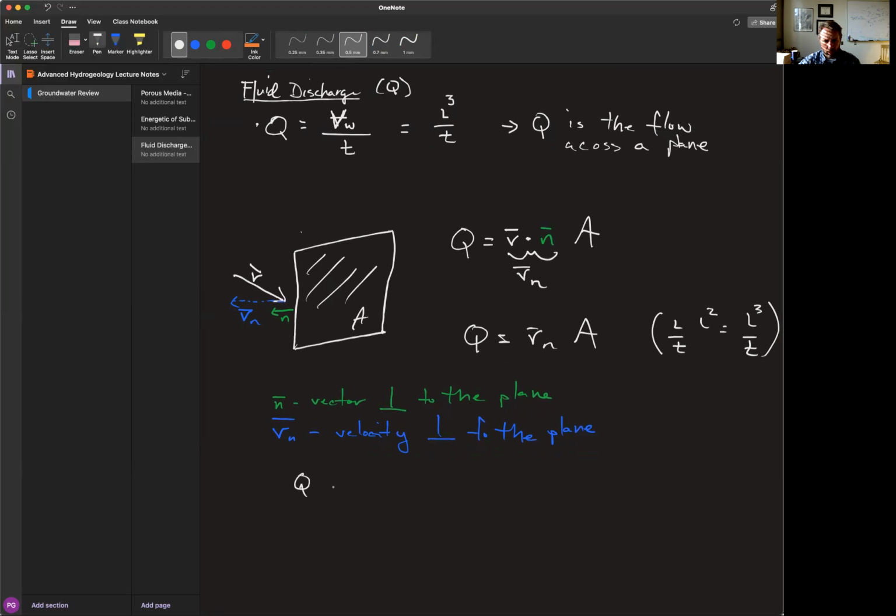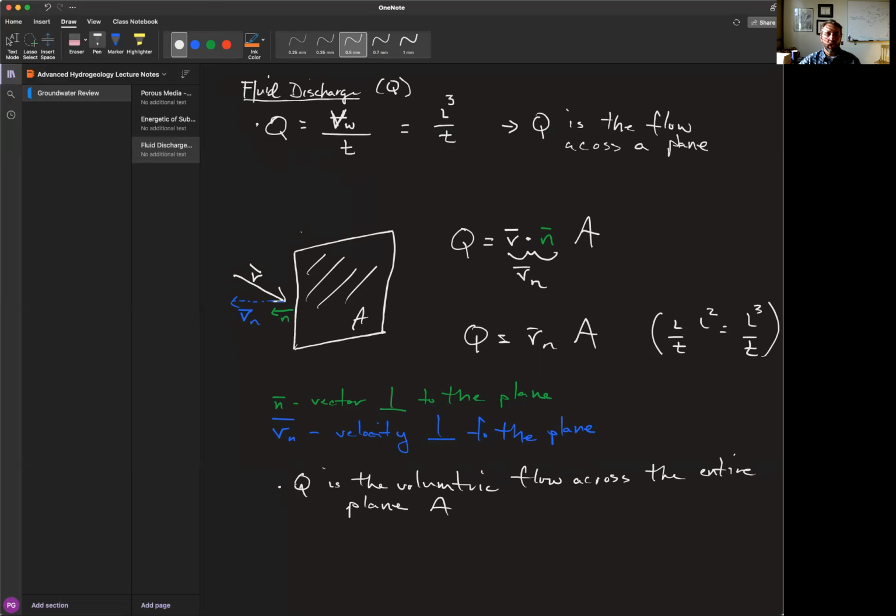So Q is the volumetric flow across the entire plane A.